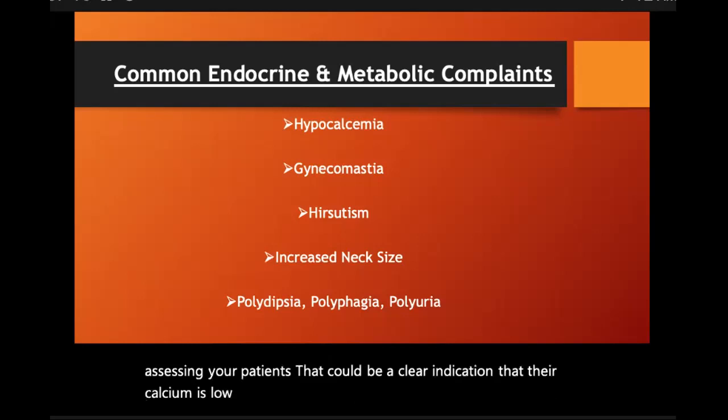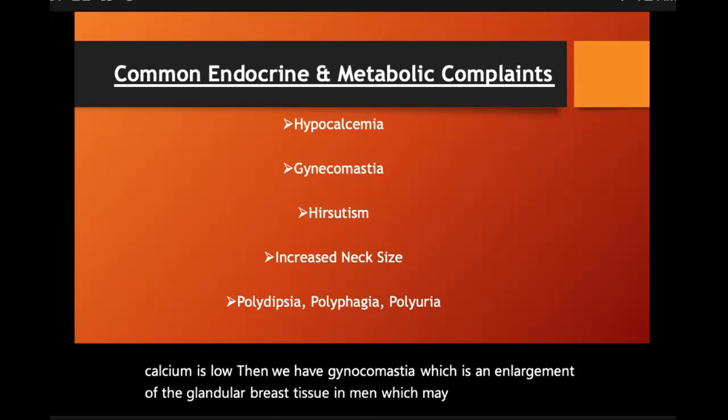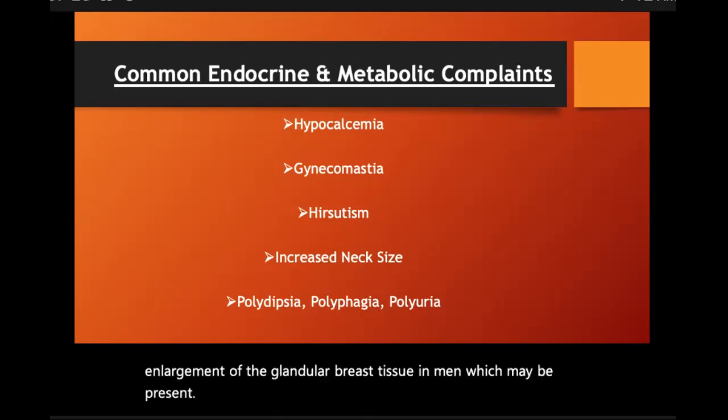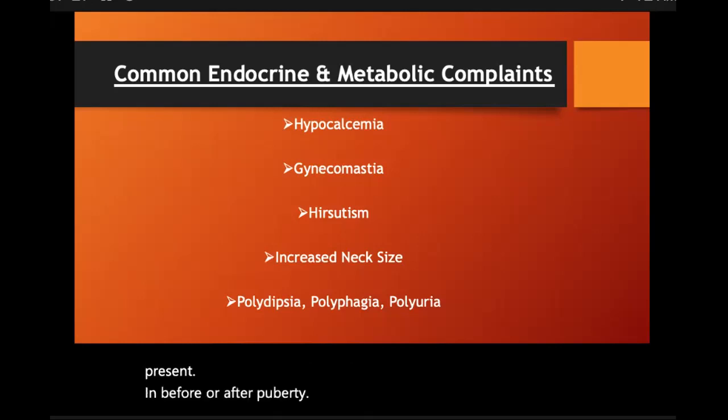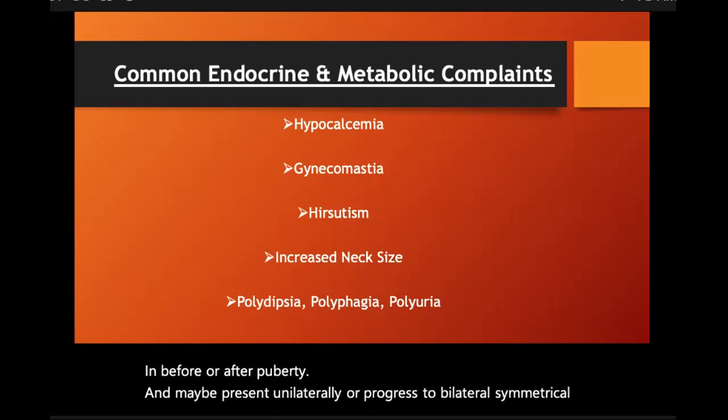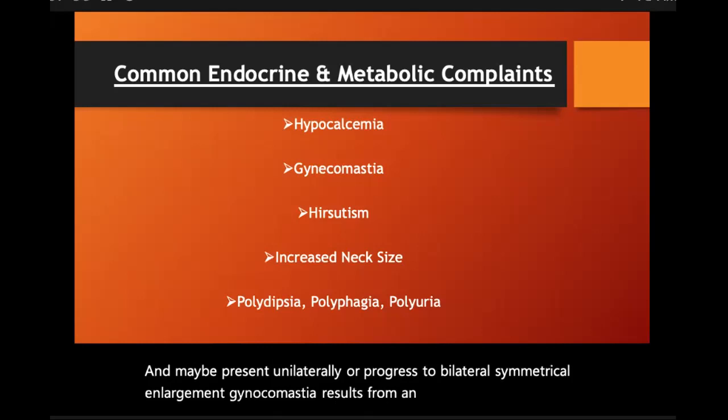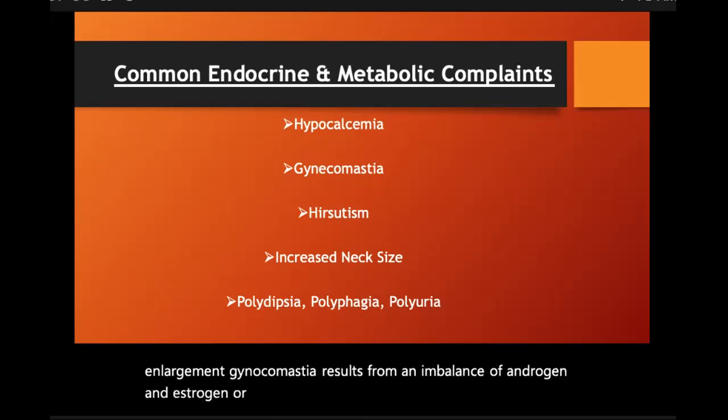Then we have gynecomastia, which is an enlargement of the glandular breast tissue in men, which may be present before or after puberty. It may be present unilaterally or progress to bilateral symmetrical enlargement. Gynecomastia results from an imbalance of androgen and estrogen or an increase in prolactin.